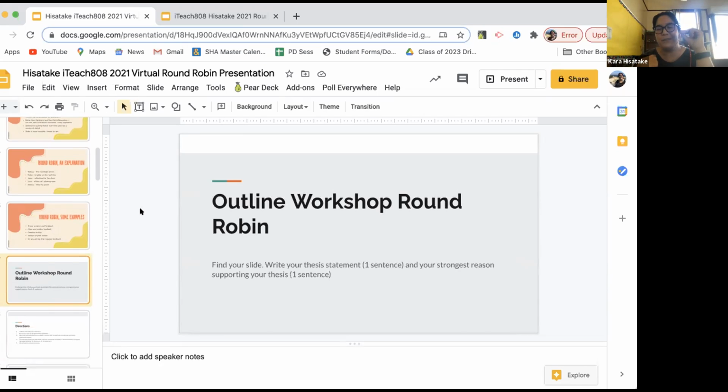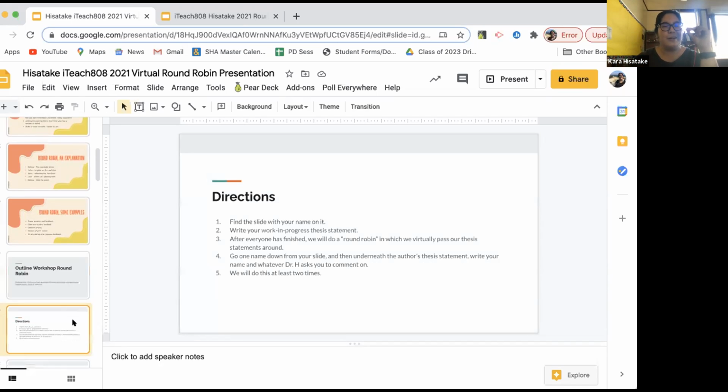I had all these slides, and I had a direction slide. So I asked people to find the slide with their name on it. So I would put all their names on the slides, ask them to find their particular slide, and then ask them to write their work in progress thesis statement. So you give them time to do that. And then after that is when we would do the round robin.